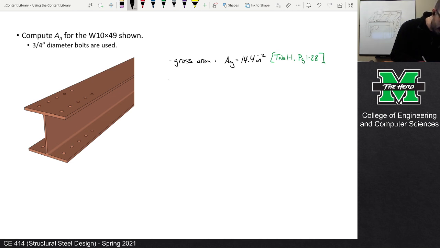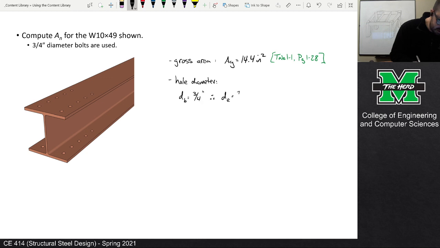We've got, first off, we know the hole diameter. So we know that the bolt diameter is 3/4 of an inch. Therefore, the effective hole diameter is 7/8 of an inch. Maybe I should have put that on there.